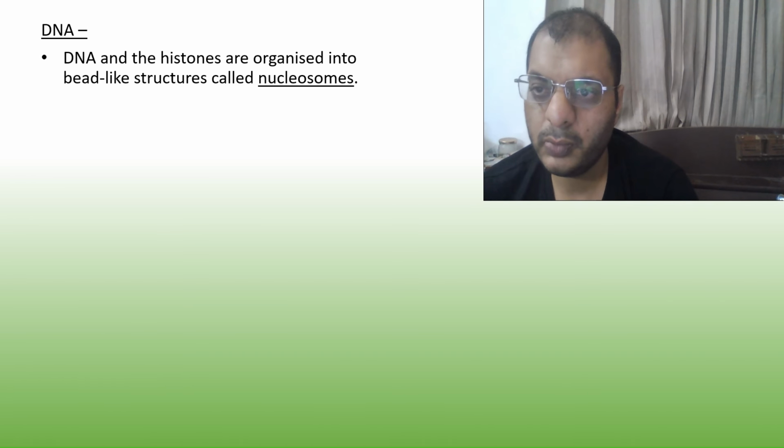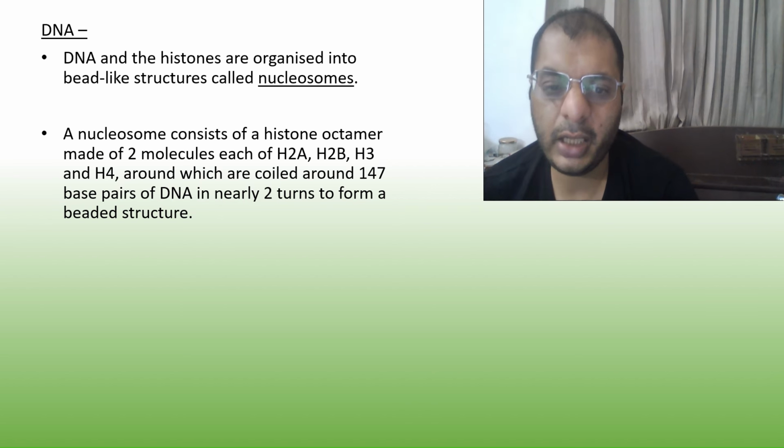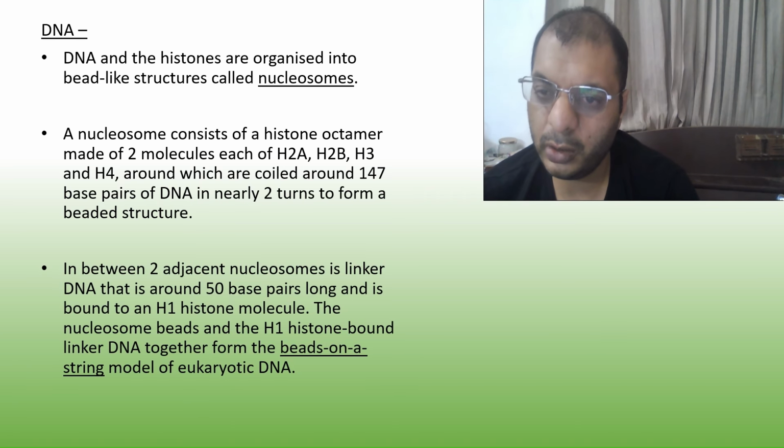So a nucleosome consists of one histone octamer, which has two molecules each of H2A, H2B, H3 and H4 histones, and around each octamer are bound roughly 147 base pairs of DNA in nearly 2 turns. And in between two adjacent nucleosomes, you have some linker DNA which is bound to one H1 histone molecule.